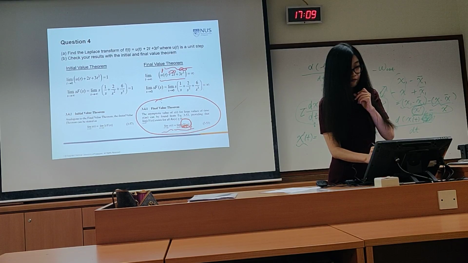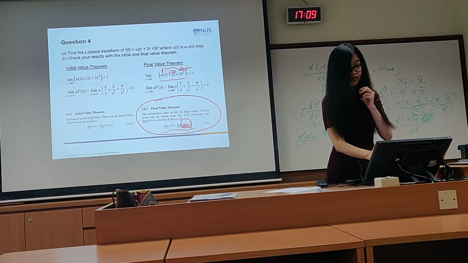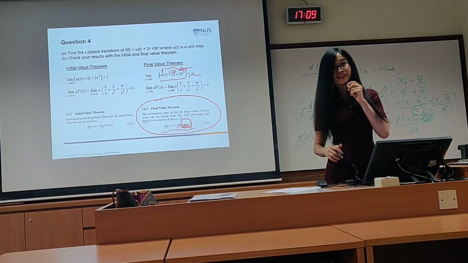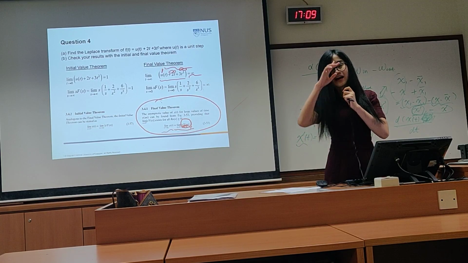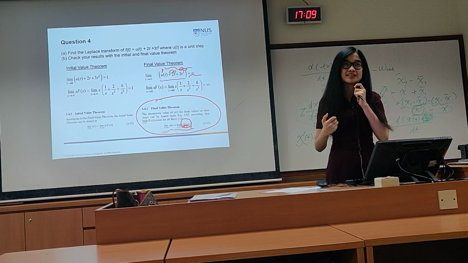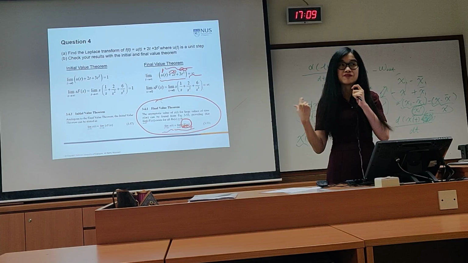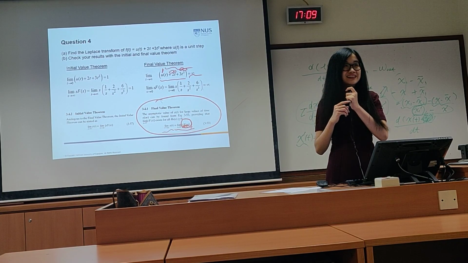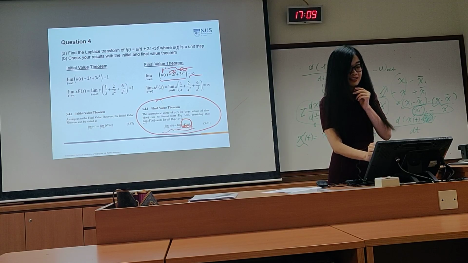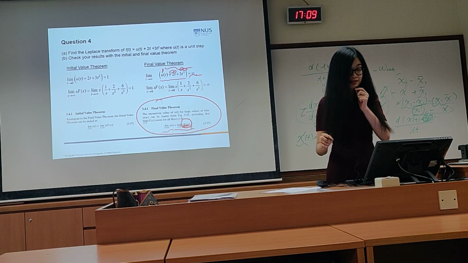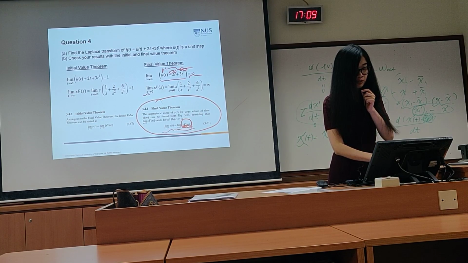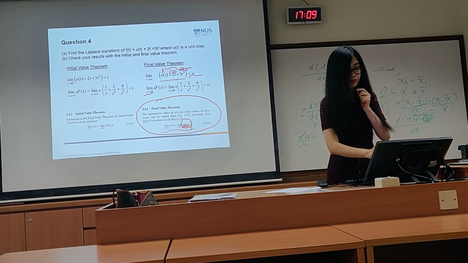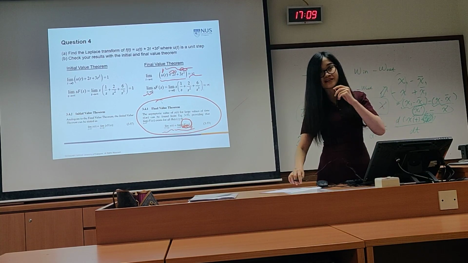Therefore, this time domain function has a value that goes to infinity. Once you sum several terms together, if either term has an infinity value, the whole function will go to infinity. So the left-hand side has this value, and on the right-hand side, we evaluate when s goes to 0, what's the function value of sF(s).